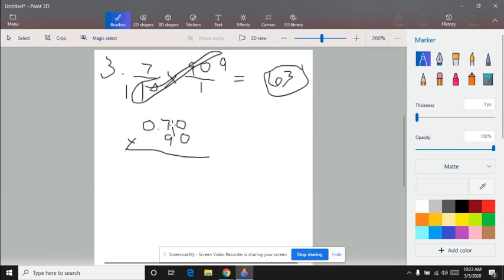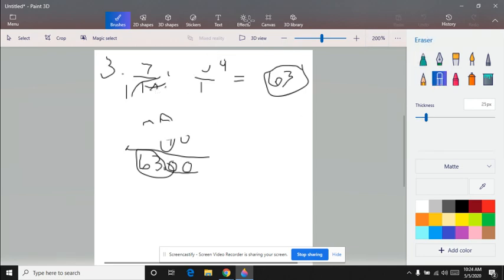So I'm just looking at 7 times 9. 7 times 9, 63. However many zeros are on the right, that's how many you add to your answer. And then I have to just do my decimal place. So I have 1, 2 decimal spots. So I bring it over 1, 2 decimal spots. I still get 63. Whichever way is easier for you, you can do. Okay?